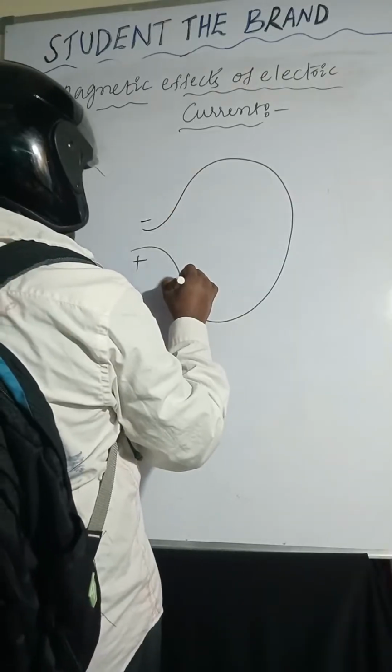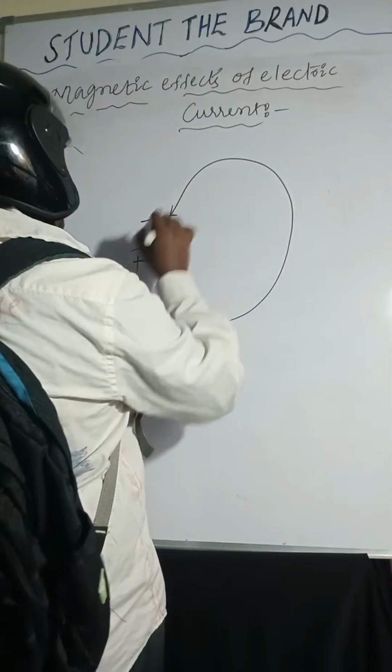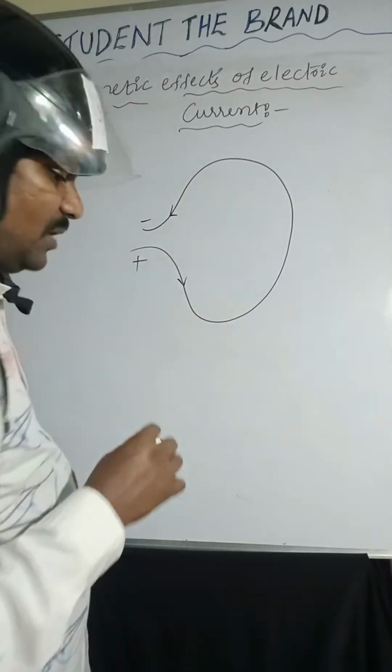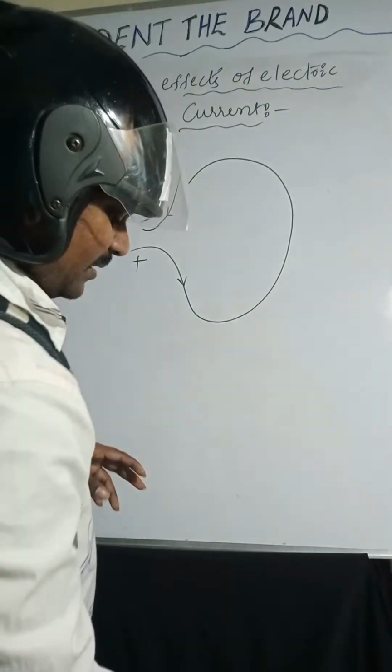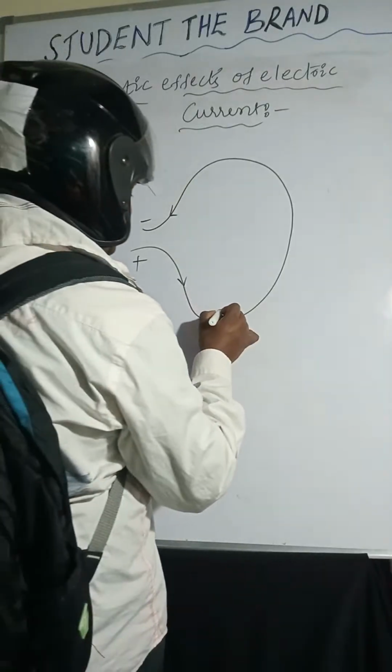Positive terminal, negative terminal, current is flowing like this. So you can observe here, the magnetic field will be here.